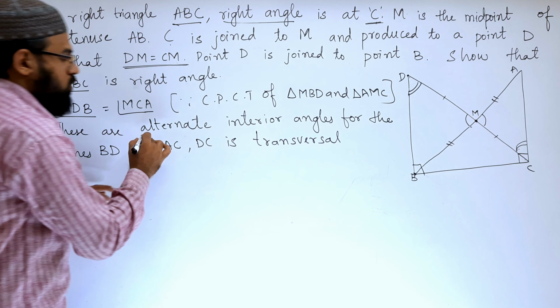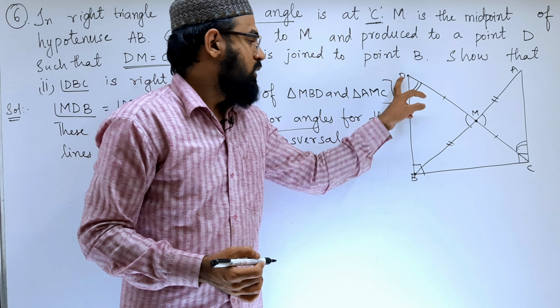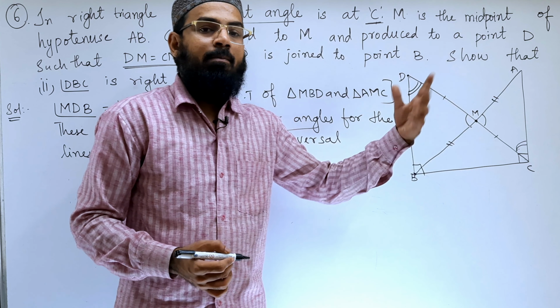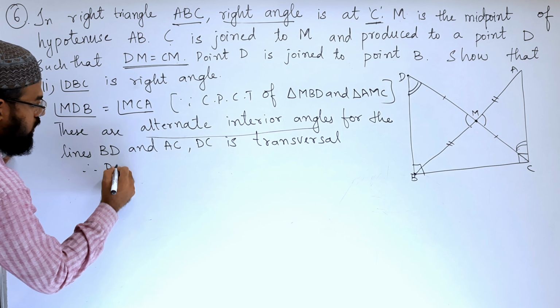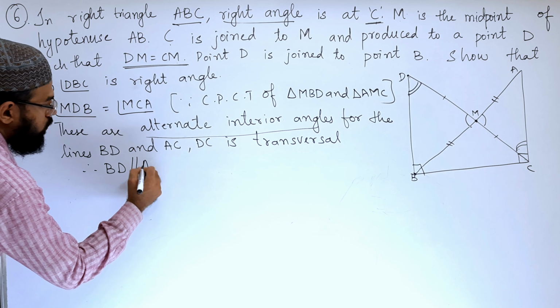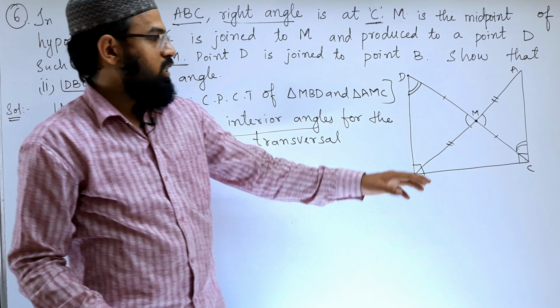When we are saying alternate interior angles, these two lines will be parallel. Therefore, BD is parallel to AC.